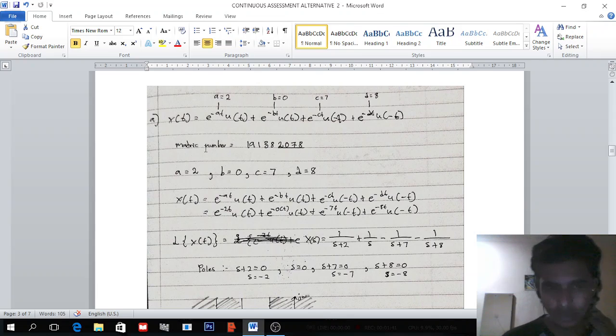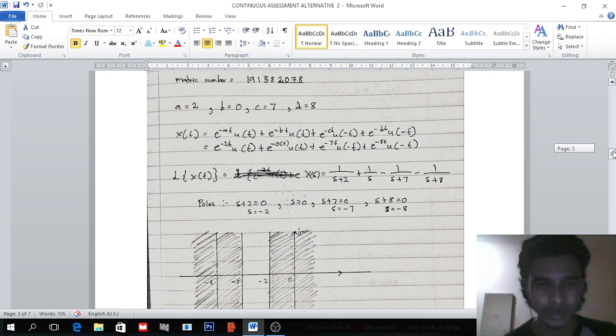From the question, we need to use the last four numbers of the metric number. My metric number is 2078, so I replace A as 2, B as 0, C as 7, and D as 8.